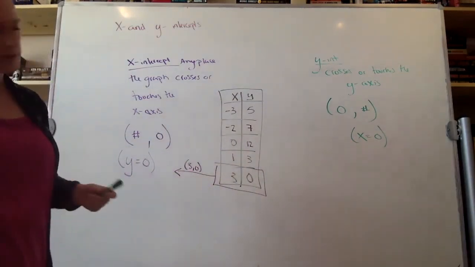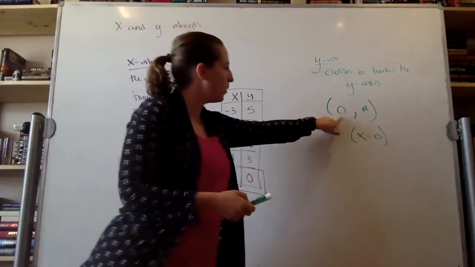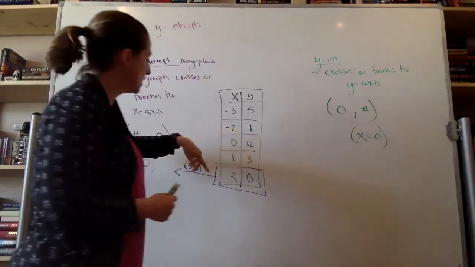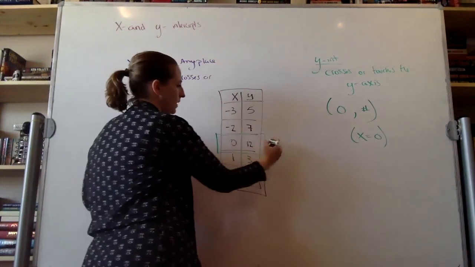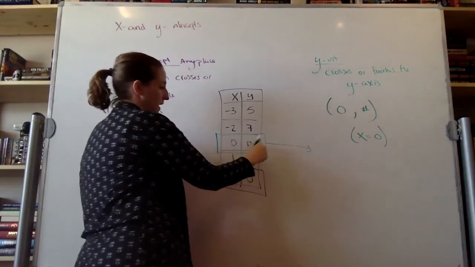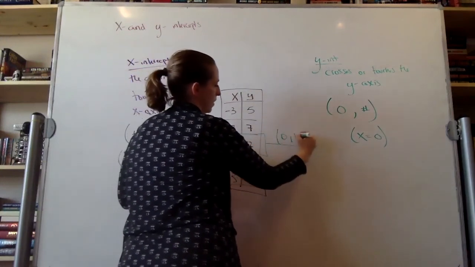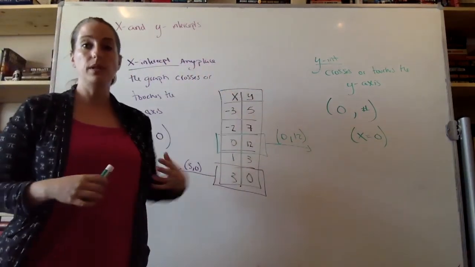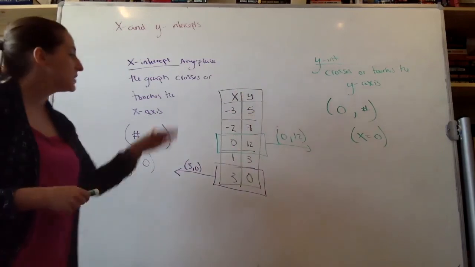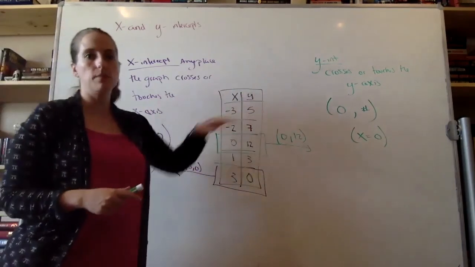How about y-intercepts? Well, y-intercepts have that hallmark 0 in the x position. So if I come down here, here's 0 in the x position. So this is representing a y-intercept at (0, 12). Okay? X-intercepts and y-intercepts. We need to be able to find them. We need to be able to recognize them and understand some of their properties.